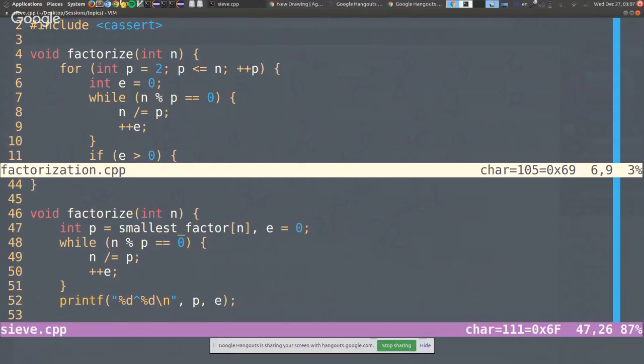We don't have to go through a lot of different numbers and try if each is prime or not. We just get the smallest one.